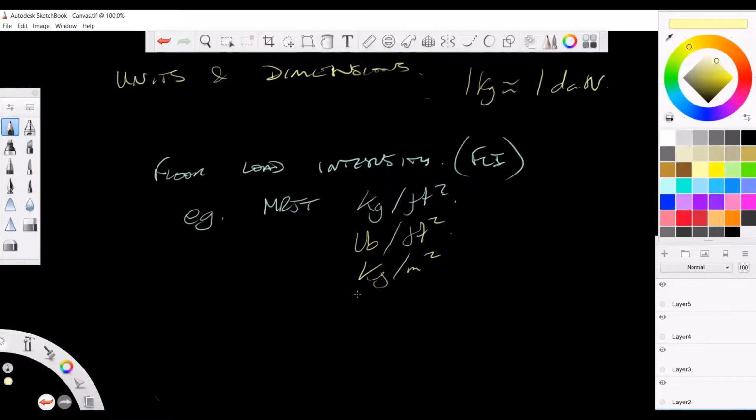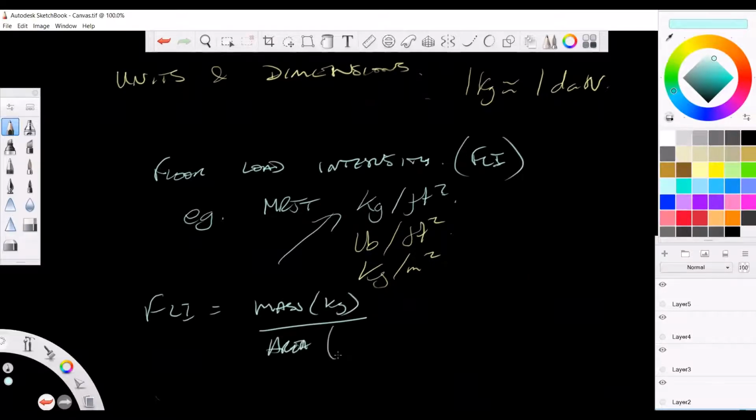So what use is this? This unit tells you how to calculate it. So if I want to do the floor load intensity for a 737, for the MRJT, then my floor load intensity equals the mass in kilograms divided by the area in square feet.